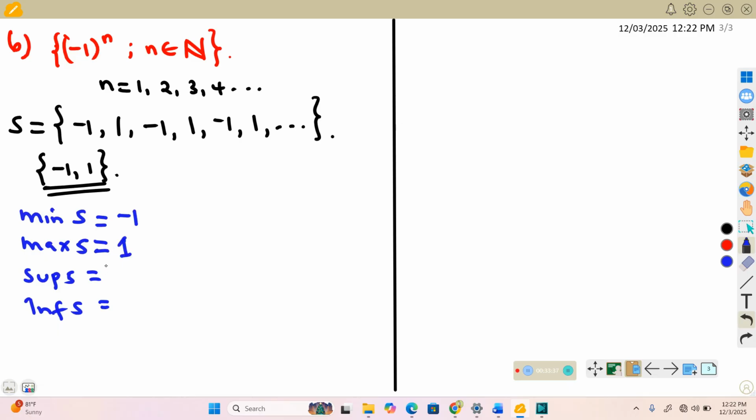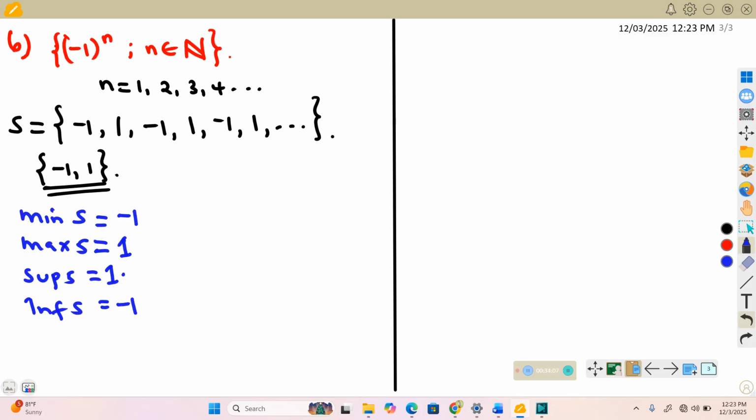And for that case, if you already have the minimum and the maximum: if the minimum exists, it will be the infimum automatically, and if the maximum exists, it will be the supremum automatically. However, the vice versa does not occur. Having the supremum does not mean it will be the maximum, and having the infimum does not mean it will be the minimum.